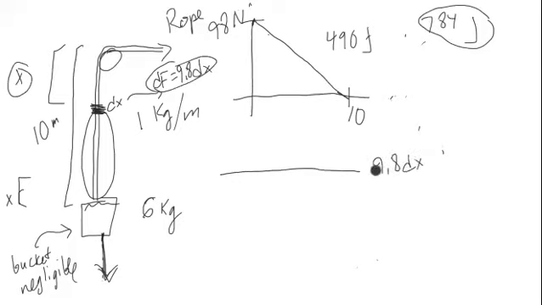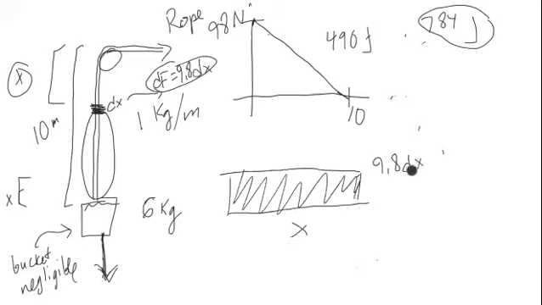Just imagine dx is a small quantity, but this is just a constant force, and over a distance x, how much work has been done? It's just the area under the curve. Area of this rectangle, it's just 9.8 dx times x. So the work right here of this rectangle is actually 9.8 x dx.